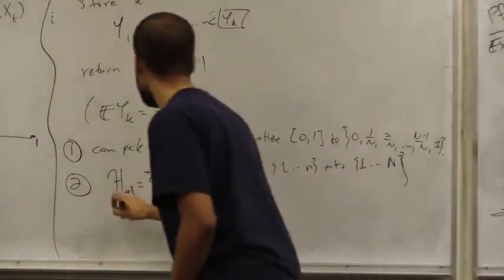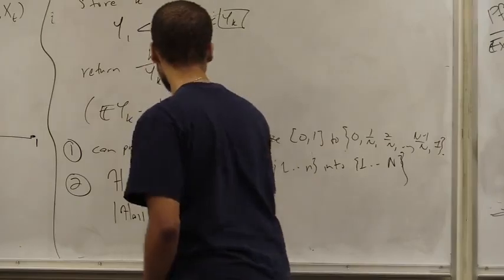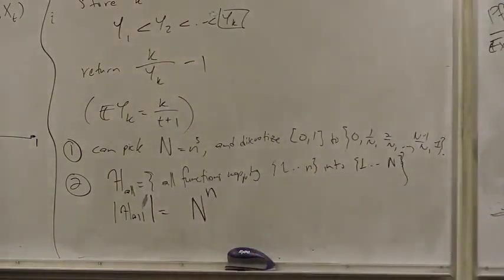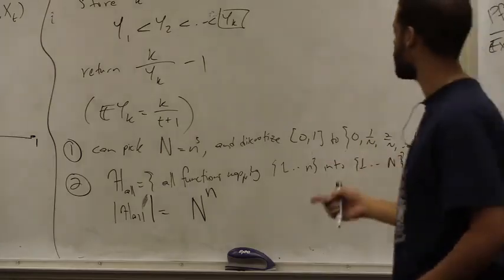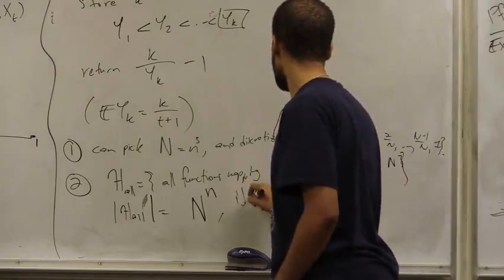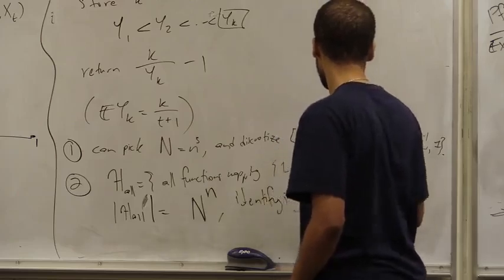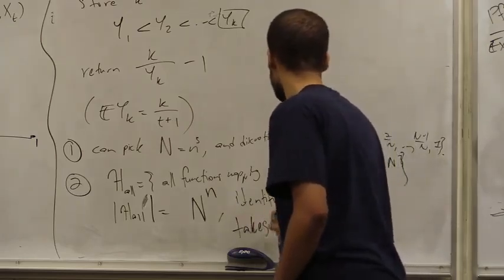And notice that the size of h all is basically capital N to the lowercase n. The number of functions mapping 1 to little n into the range 1 to capital N is exactly capital N to little n. And identifying any function in this set takes log of the size of the set bits.